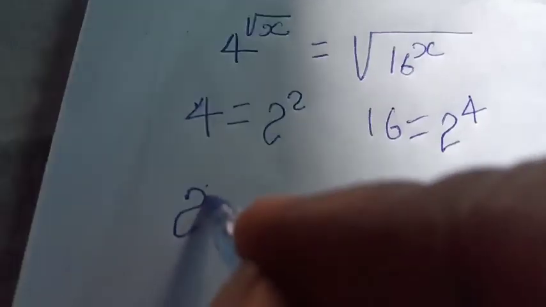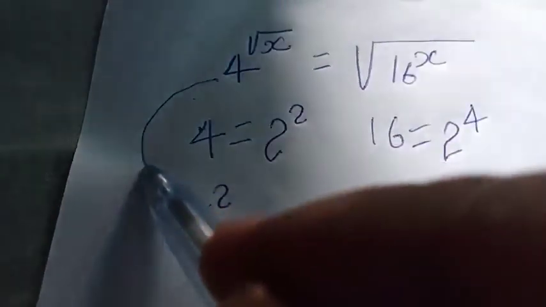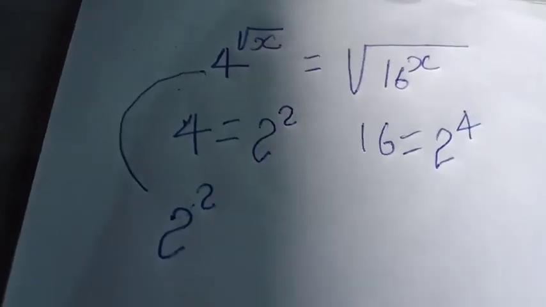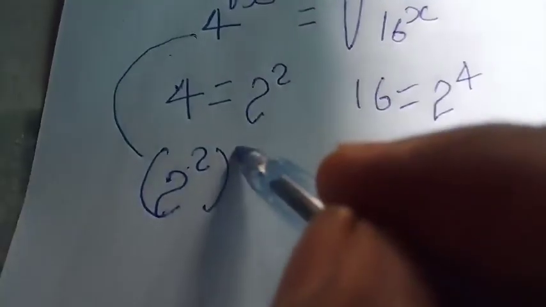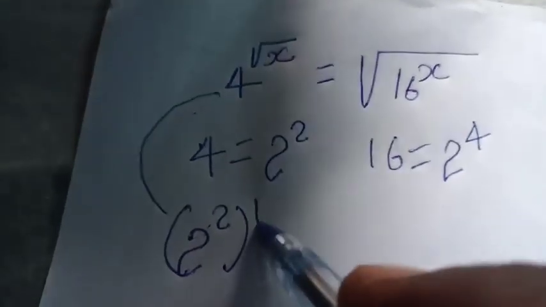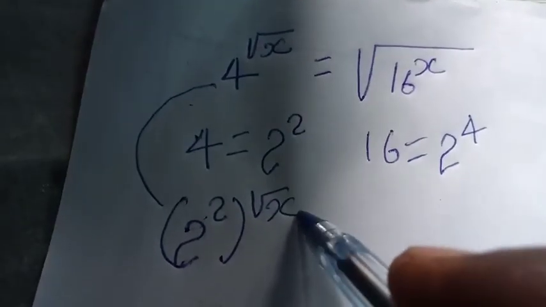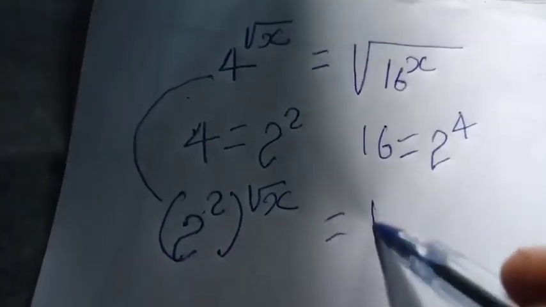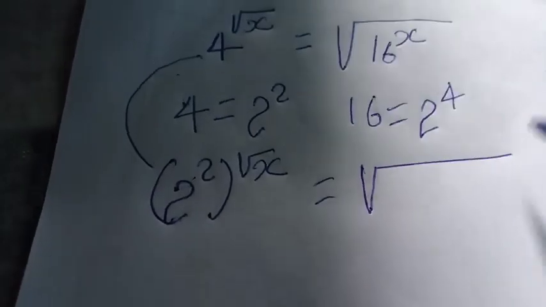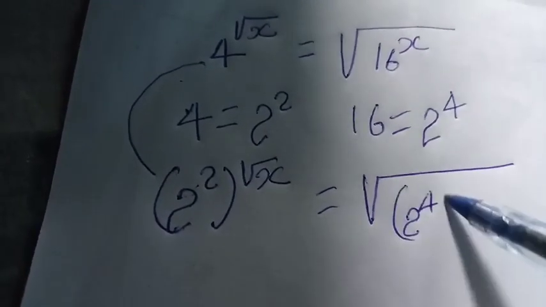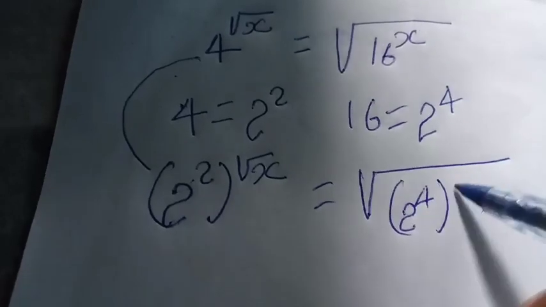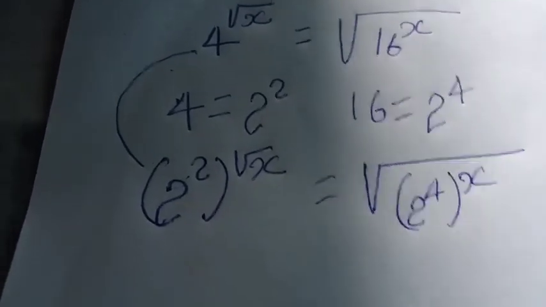So 2 to the power of 2, the power of radical x, which is equal to 2 to the power of 4, the power of x.